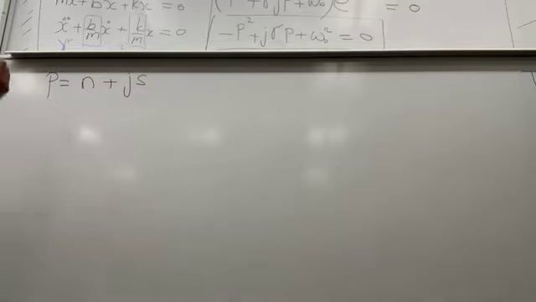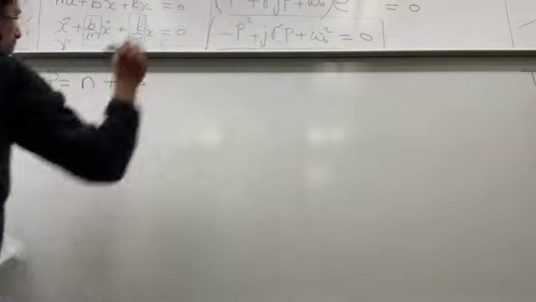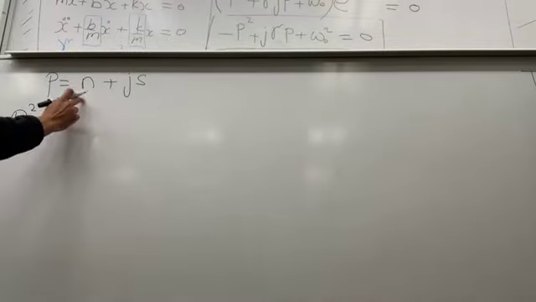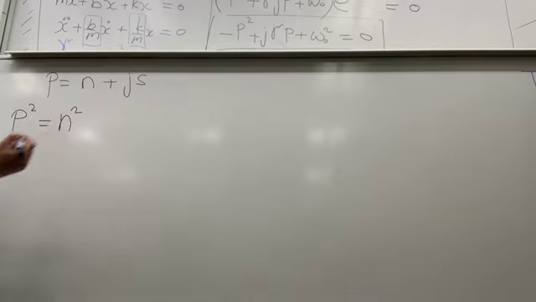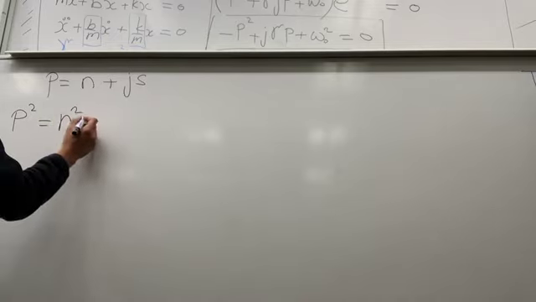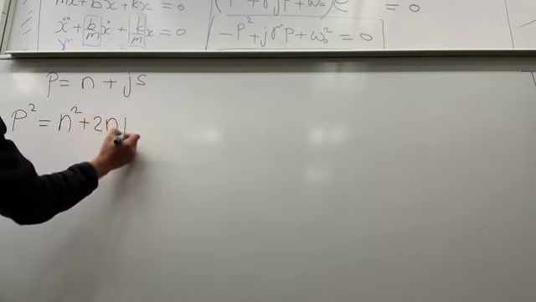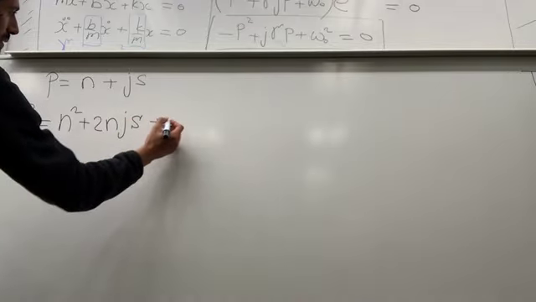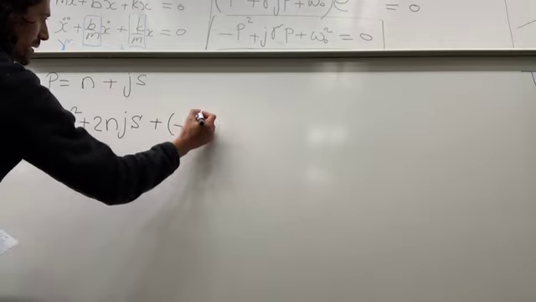First, let's take P squared. All right, we have a P squared there. Let's do it by steps. P squared is n squared plus 2njs plus minus s squared.